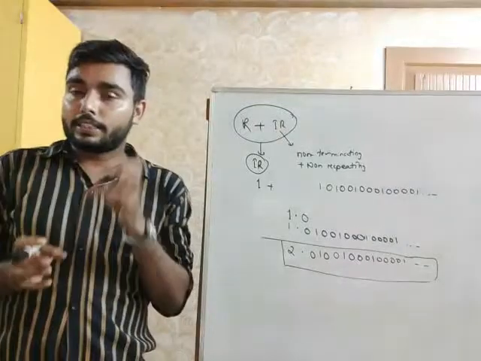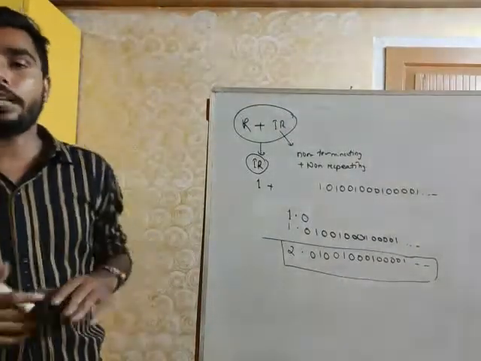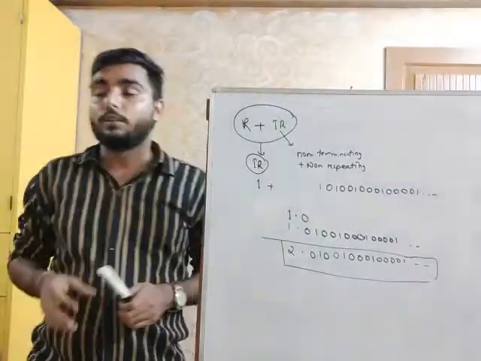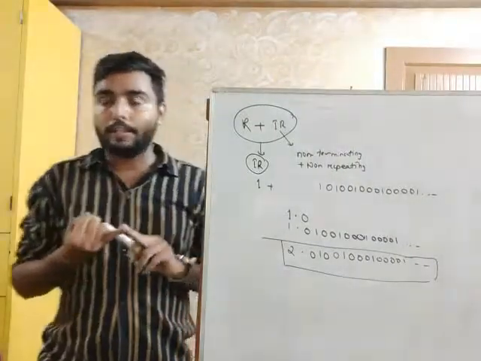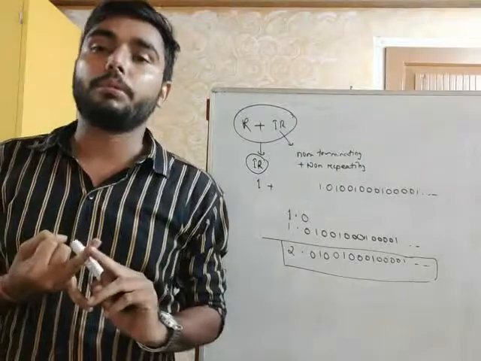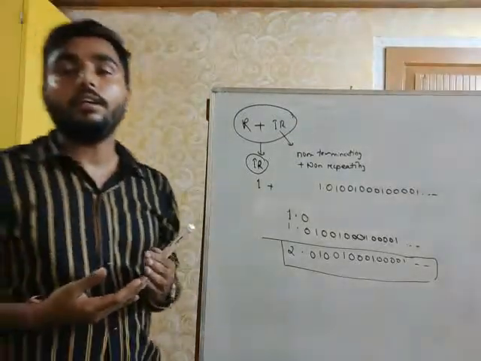Any answer can come, but that answer will be irrational. So if we add a rational number and an irrational number, the sum will be an irrational number only.